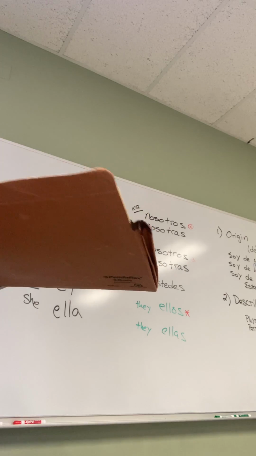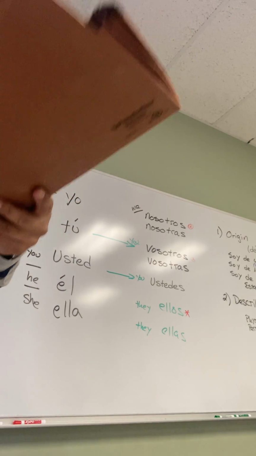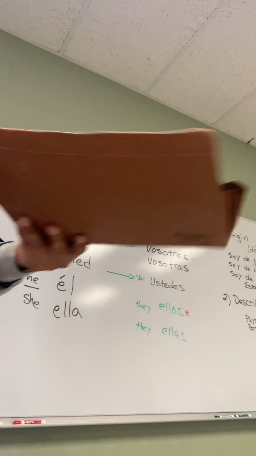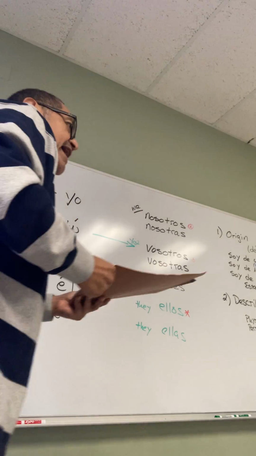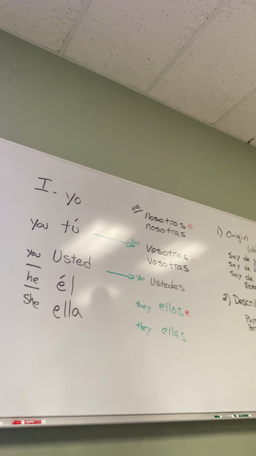So, you can say, for example, yo soy fabuloso. I am fabulous. If Emma here runs track, ella es rápida. She is fast. She is quick. Remember, if it ends in O, you're describing a male or something masculine. If it ends in A, you're describing a female or something feminine.